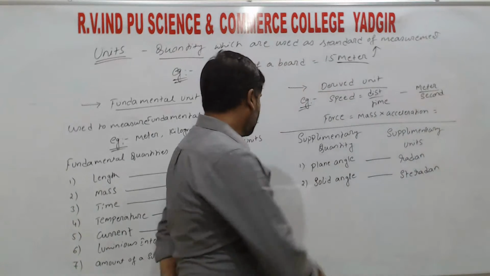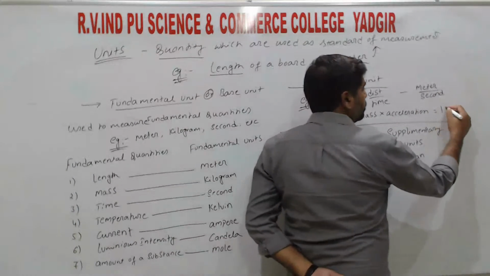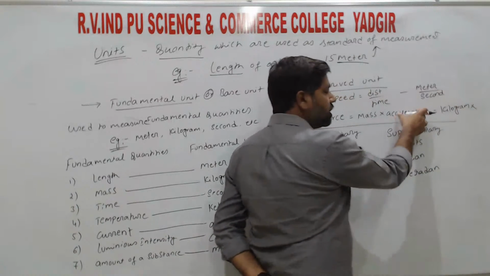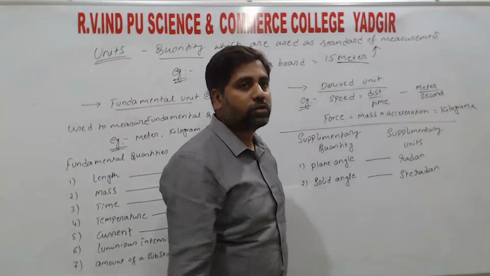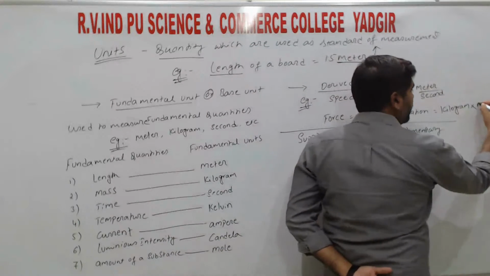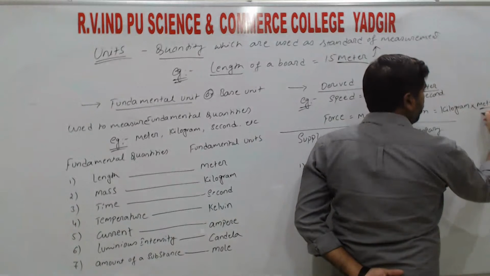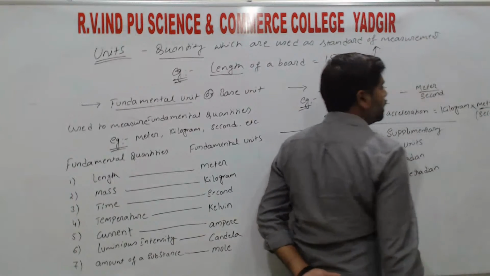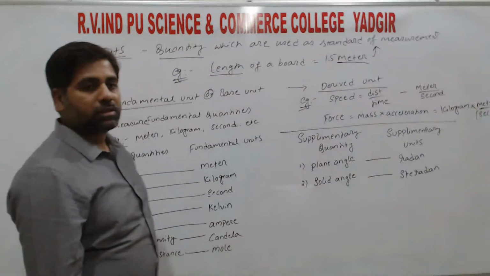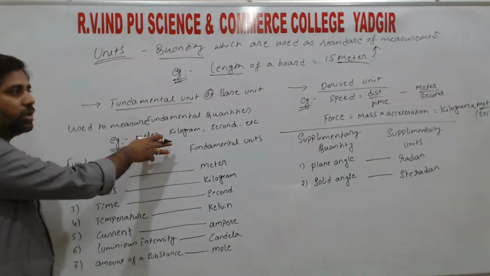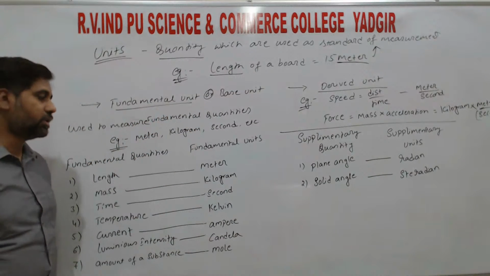Mass, again the unit is kilogram, into acceleration. The unit of acceleration is velocity by time, that is meter per second by second, so meter per second square. That is kg meter per second square, right? So this is about the fundamental units and derived units.